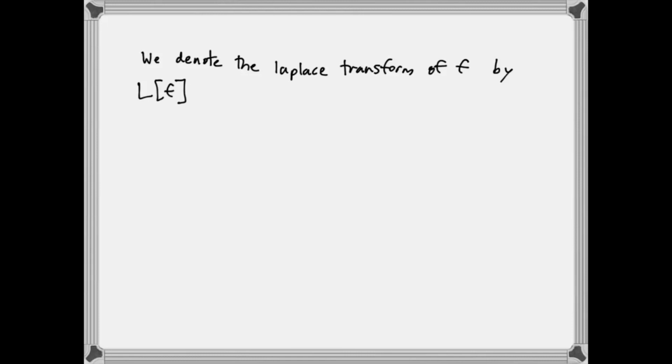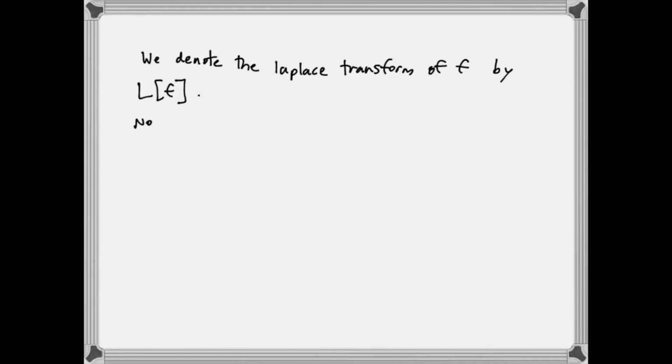So let's go on to some notation. We denote the Laplace transform of f by this, L of f. This is how we write it.